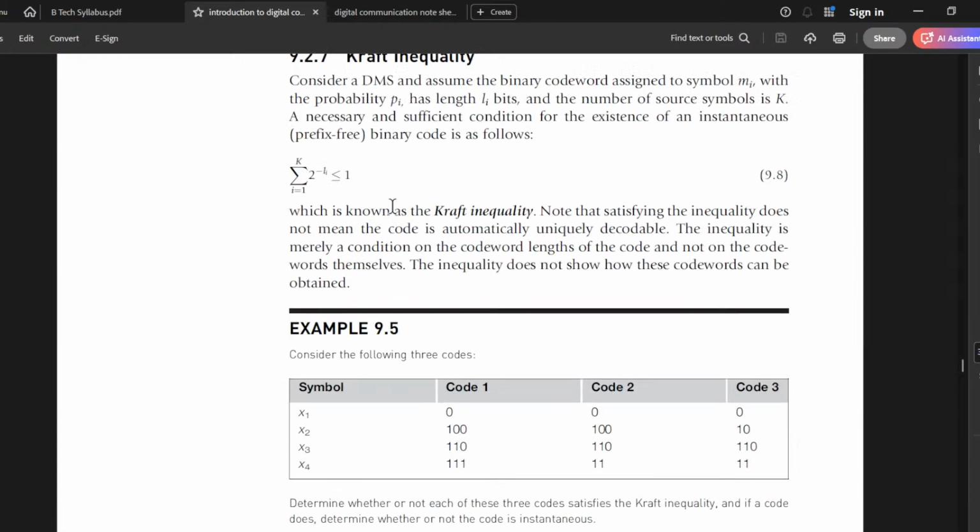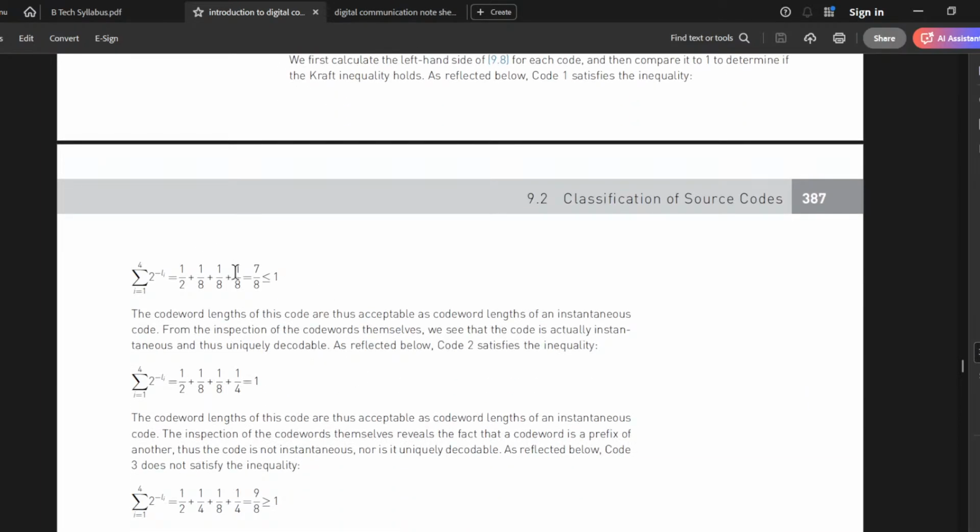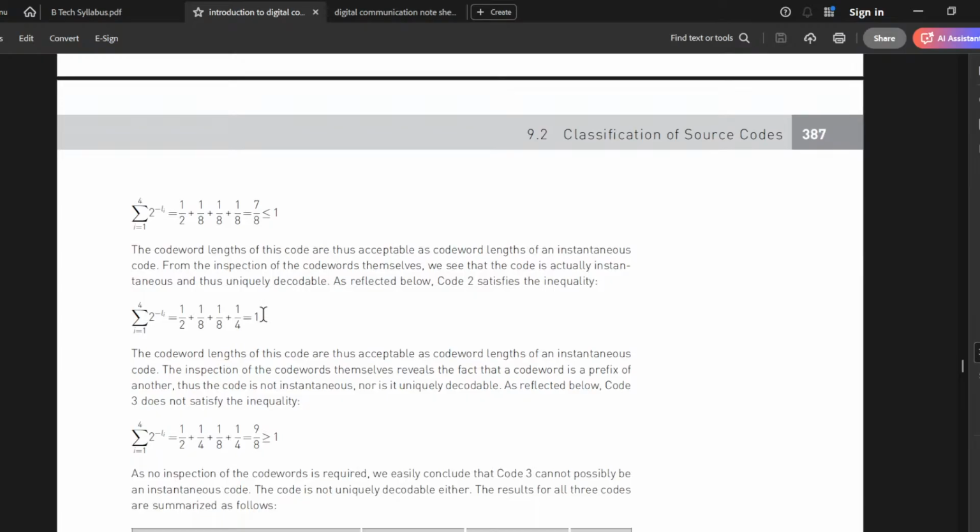How? It should be less than or equal to 1. It is equal to, so it will be accepted. From the inspection of the code by itself, we can see the code is actually instantaneous and thus uniquely decodable.